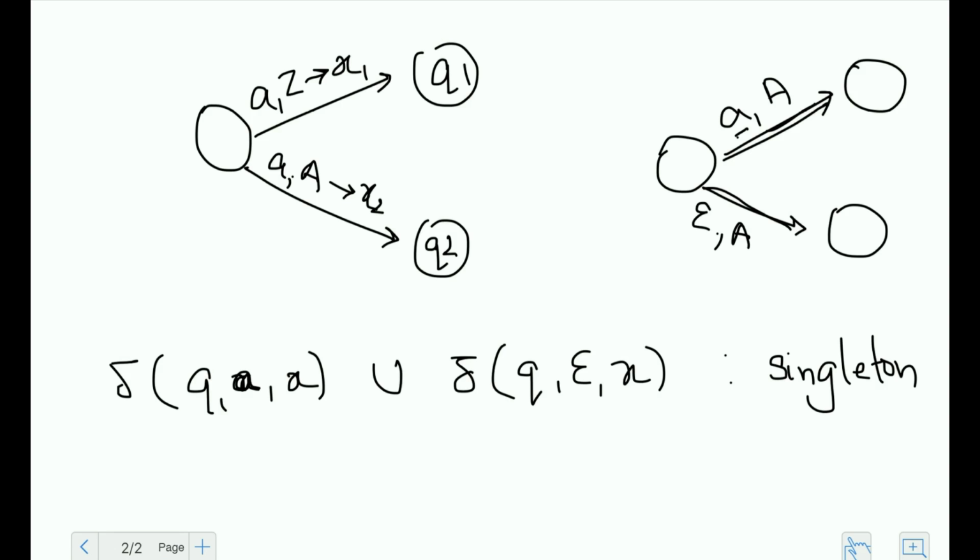So I hope you have understood the difference between a deterministic and a non-deterministic automaton. There's one more thing that we need to talk about. In the last video I mentioned that the acceptance by final state and acceptance by empty stack was becoming equivalent, but to be honest, that's an inaccuracy. We shouldn't really call it equivalent.